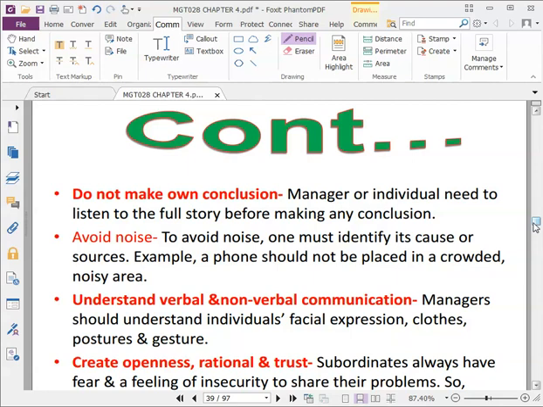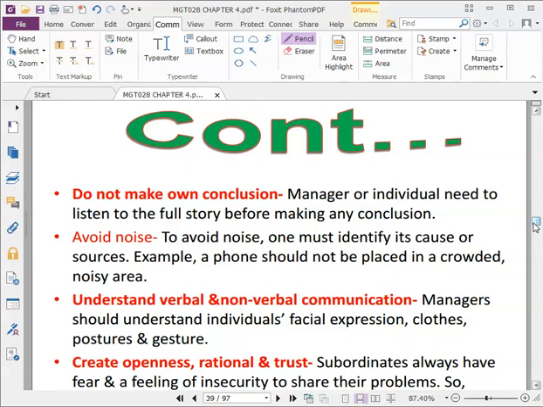Okay, contoh kalau kita tengah bercakap kat dalam phone, so kita nak dengar betul-betul apa yang nak sender tu nak bagi message atau nak bagi tahu, kita kena pergi dekat tempat yang tak crowded. Okay, tempat yang tak bising. So, barulah communication tu akan berjalan dengan efektif.